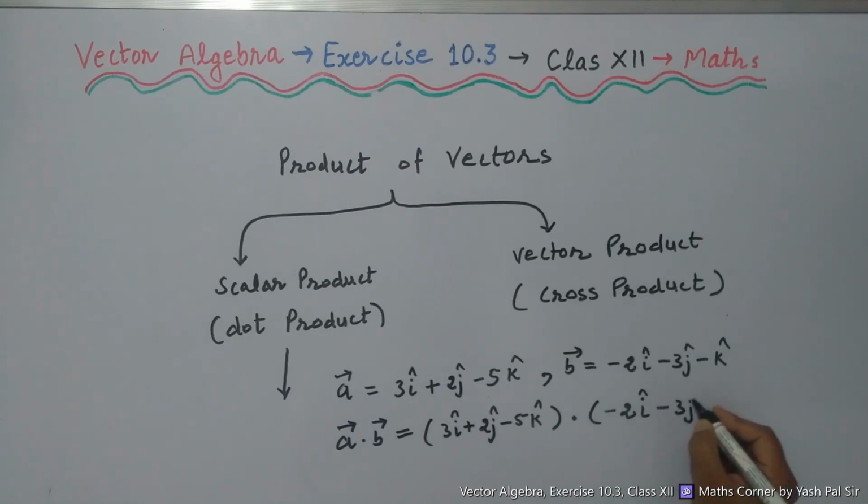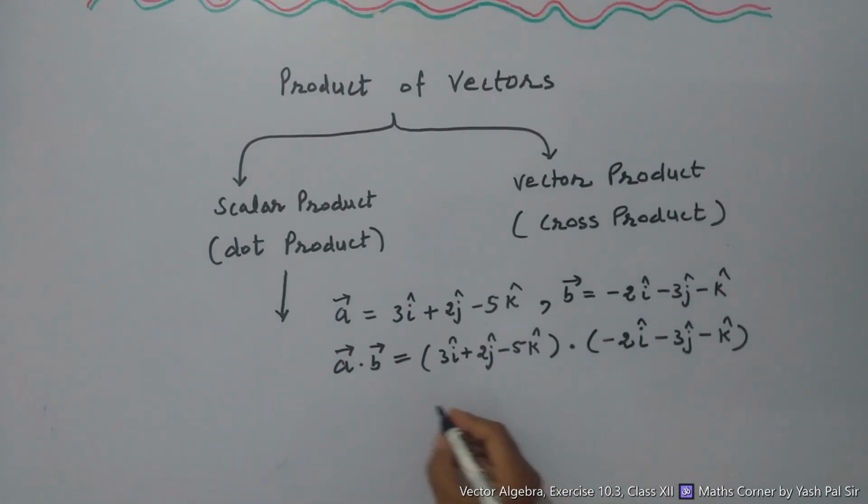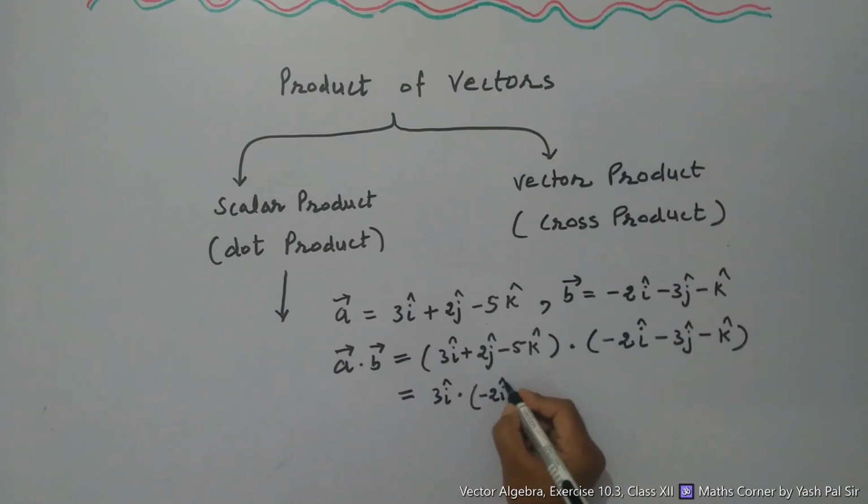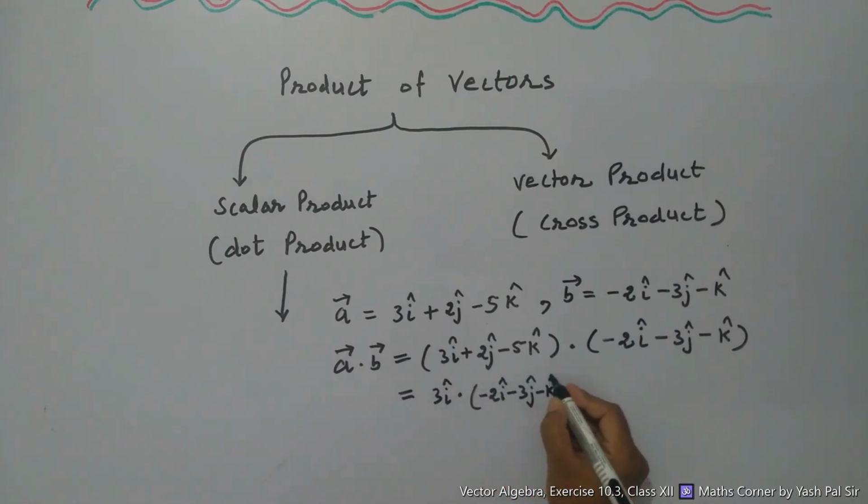Minus 3j minus k. Okay, so how to multiply now? As in simple algebra, we take the first term, which is 3i. Now we put the dot mark again. The second bracket is minus 2i minus 3j minus k. Next, this is plus 2j.